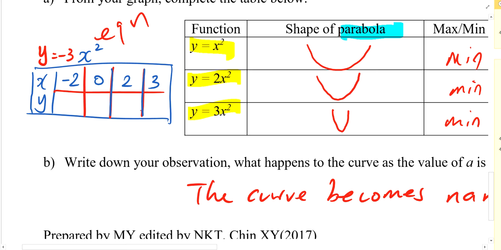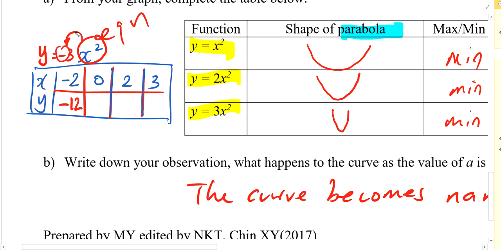What is the value for x squared? When x is negative 2, what is x squared? 4. Positive or negative? Positive, huh? So positive 4 multiplied by negative 3, what do we get? Negative 12, okay? So this is the difference already, huh? Earlier on it was positive 12, now it is negative 12 because of this negative sign.